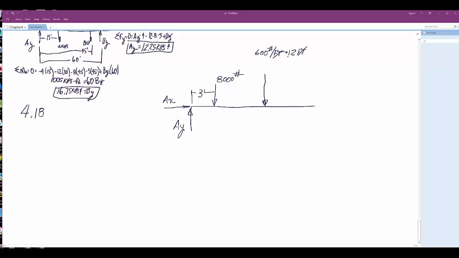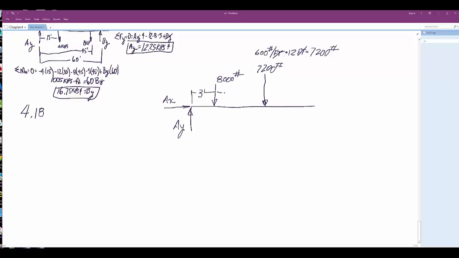The feet units cancel out and we're left with pounds. 600 times 12 is 7,200 pounds. I'll have 7,200 pounds here.